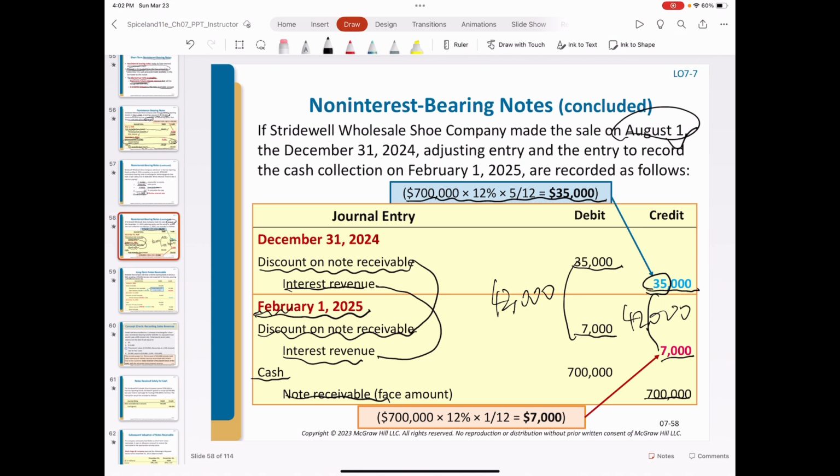So we need to split the $42,000 into 2 fiscal years. 35,000 in 2024, 7,000 in 2025. The reason is there are 5 months in 2024. There is only 1 month in 2025.